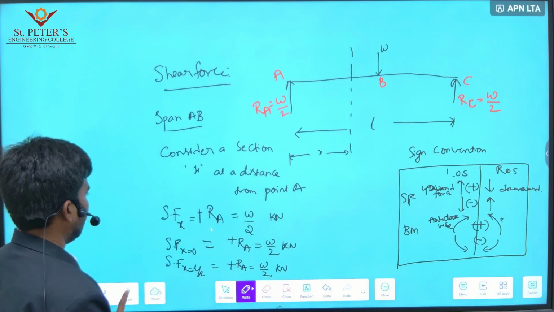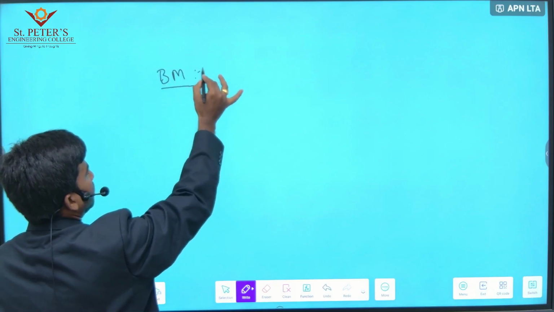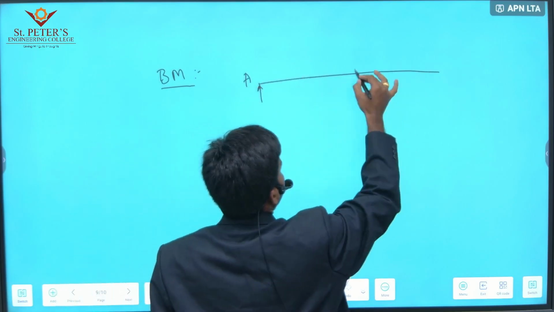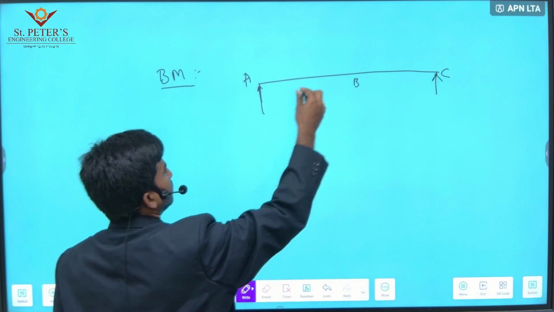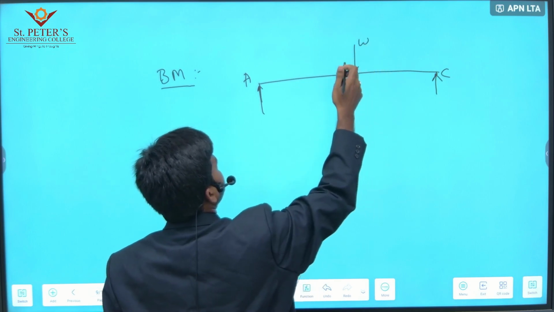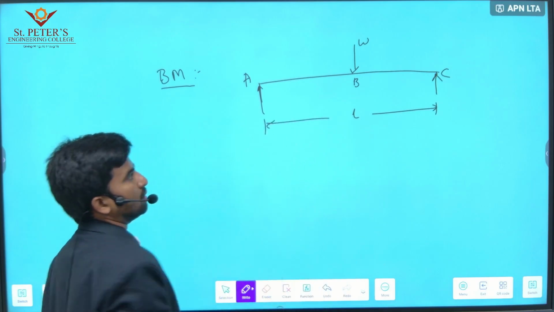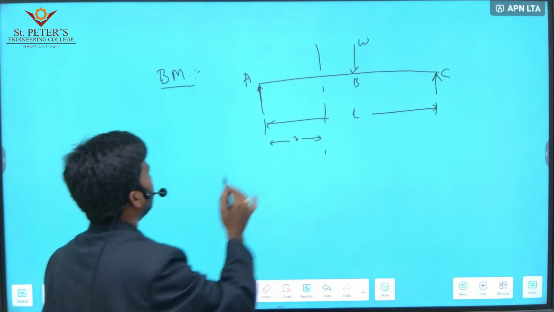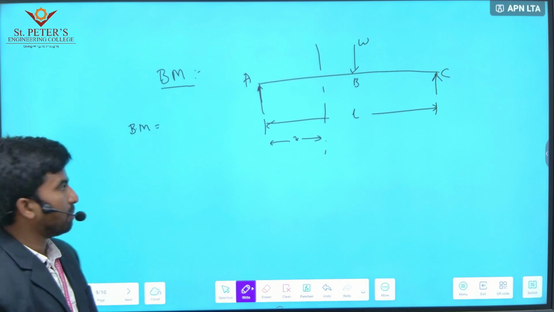Coming to bending moment. Consider a section. Bending moment is nothing but force into perpendicular distance.